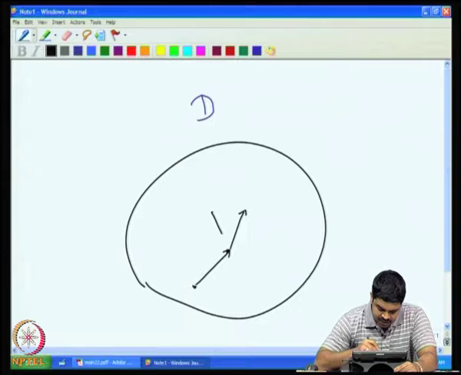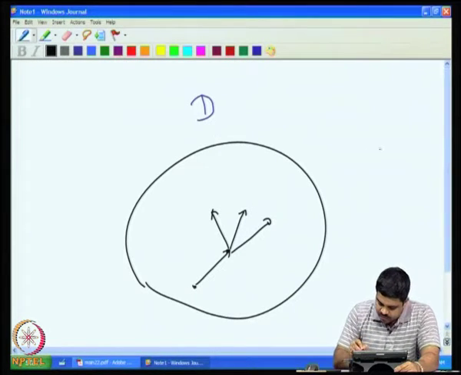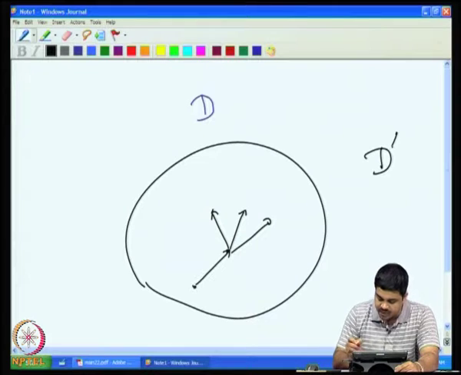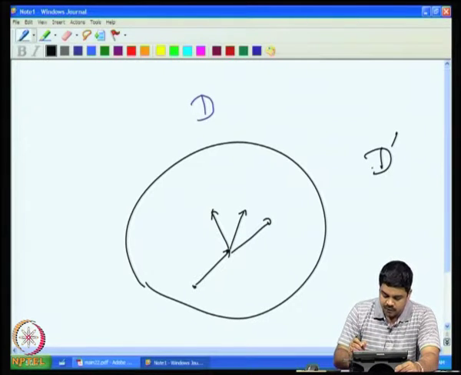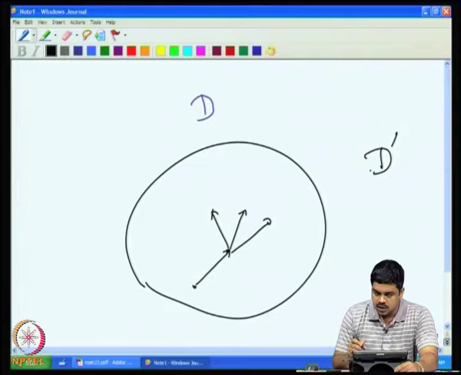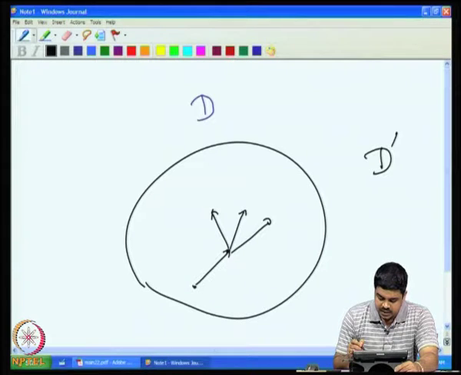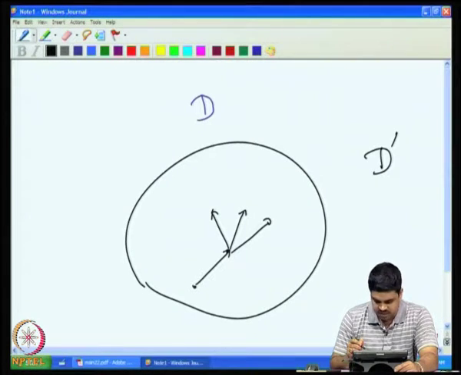We will keep adding edges as long as we do not introduce a cycle. So, we are picking up a subgraph D dash of D with the following property: there are no directed cycles in D dash, and also this is a maximal structure with respect to that property.